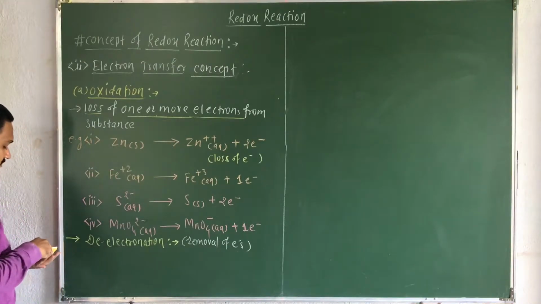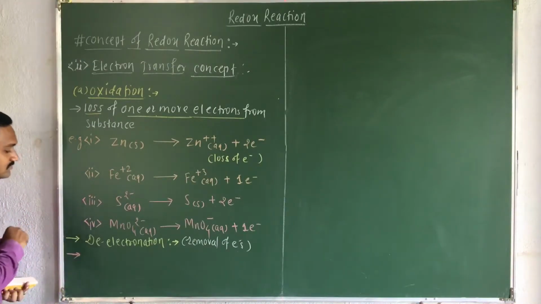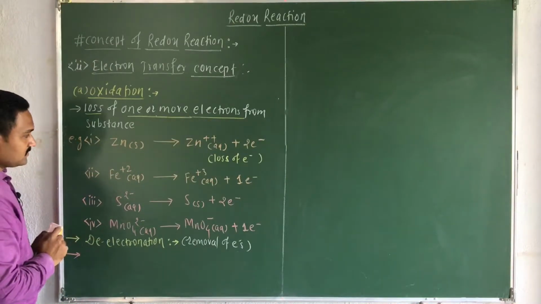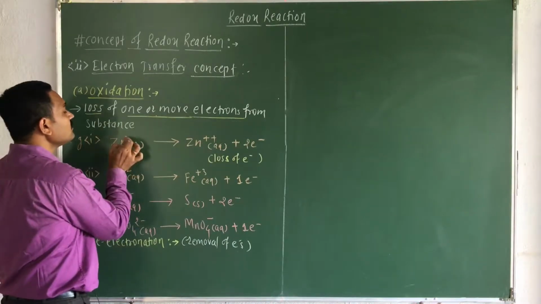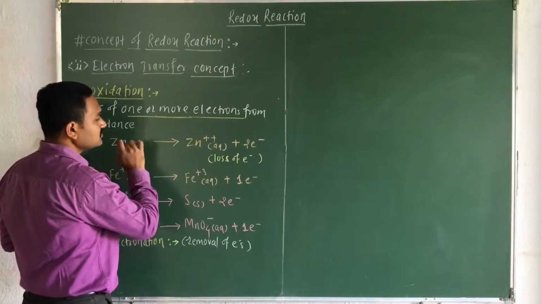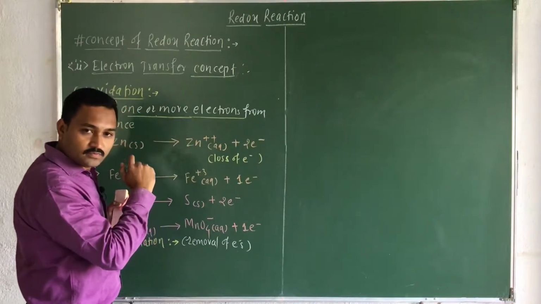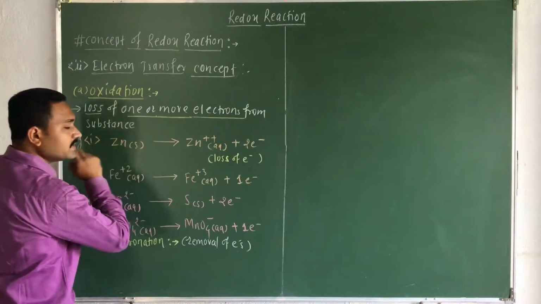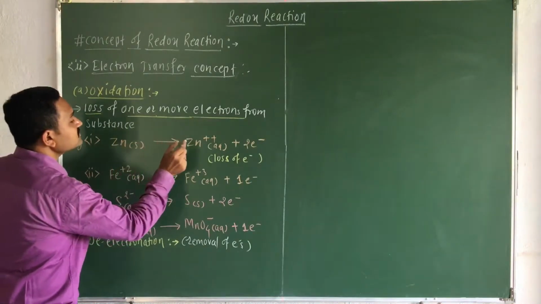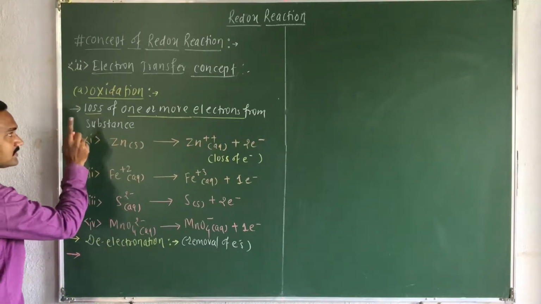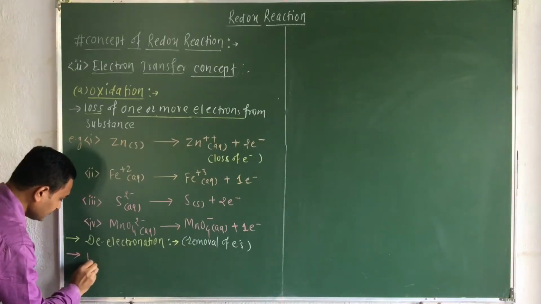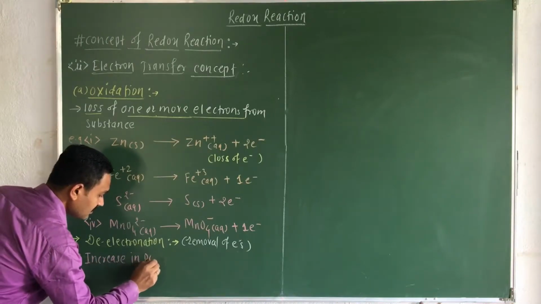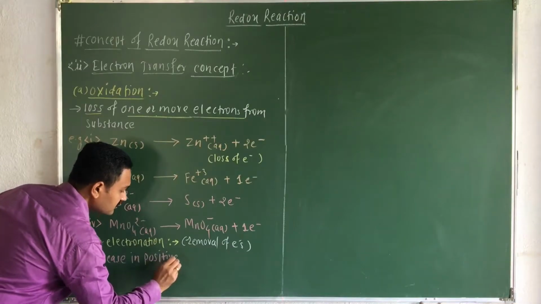The next point you have to remember, generally by observing these 4 different examples: here zinc has 0 charge, and that 0 charge is converted to a 2 positive charge. So we know that there is an increase in the positive charge. Whenever the oxidation process takes place, there is an increase in positive charge. Remember students, this is a very important point.